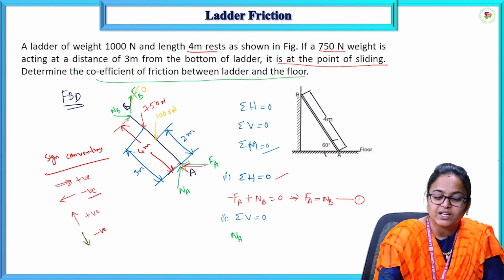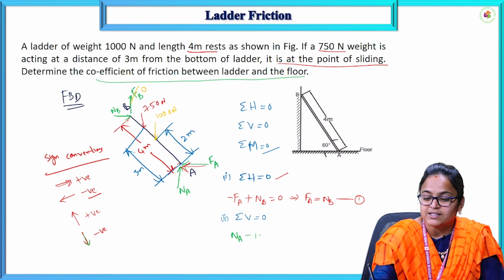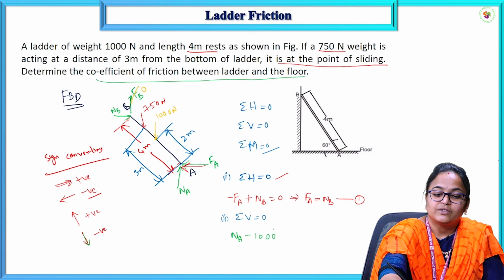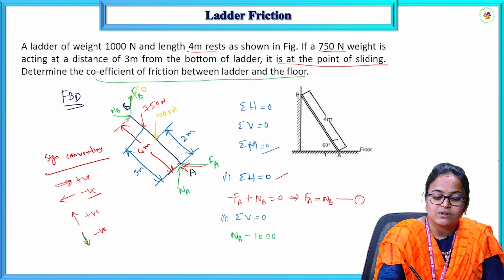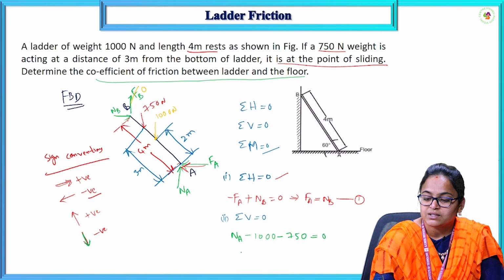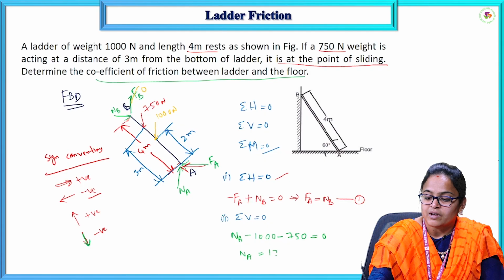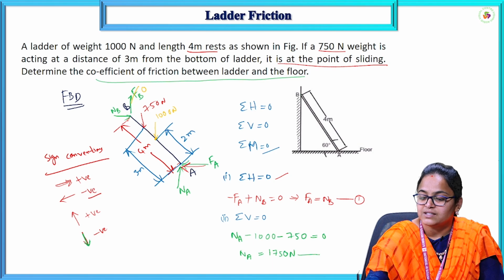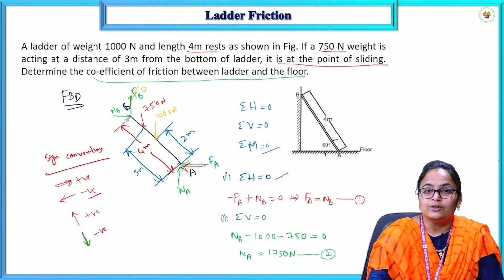Downward force we consider as negative, that is minus 1000, and the additional weight of 750 newtons is also acting downward, so minus 750, is equal to 0. From this we can write NA as 1750 newtons. Let us consider this as equation number 2.